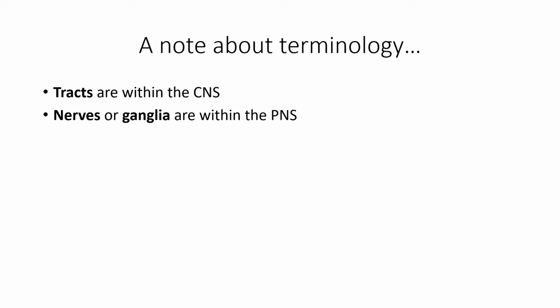So optic nerve is not in the CNS, it's within the PNS, or dorsal root ganglion tells us, just by the nature of that term, that structure is within the peripheral nervous system, not the central nervous system. These are excellent clues that you should hang on to as you study through lab content.